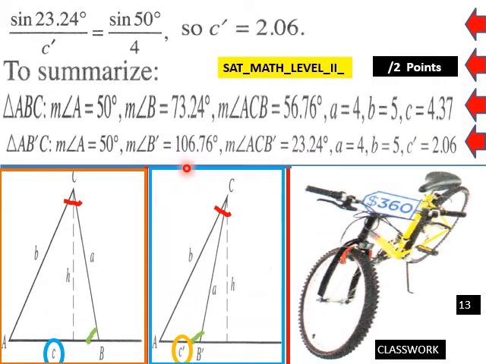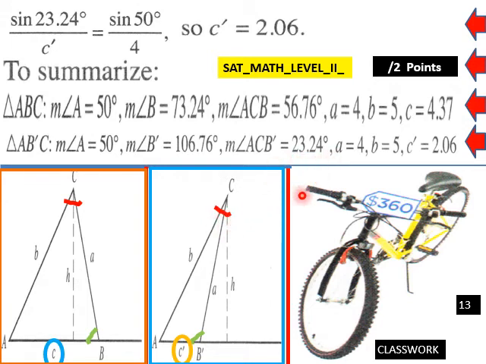And down here for this triangle, the triangle AB prime C, the measure of angle A is 50 degrees. The measure of B prime will be 106.76. And then the measure of angle ACB prime will be 23.24 for this measure up here.